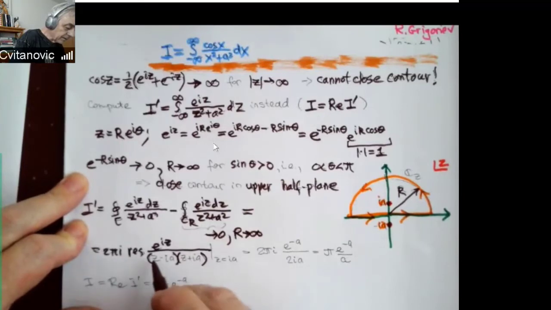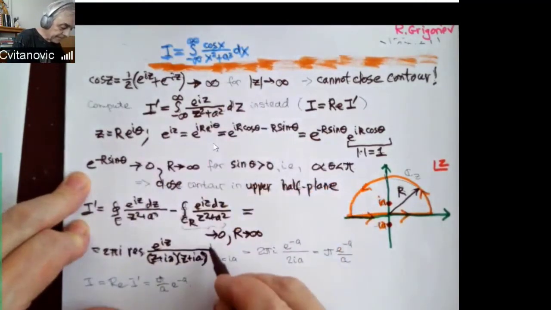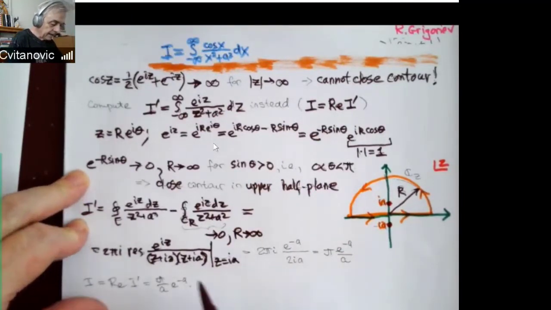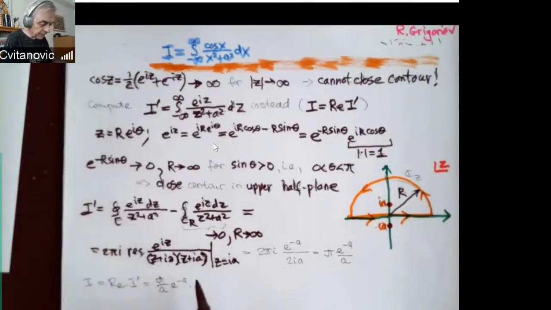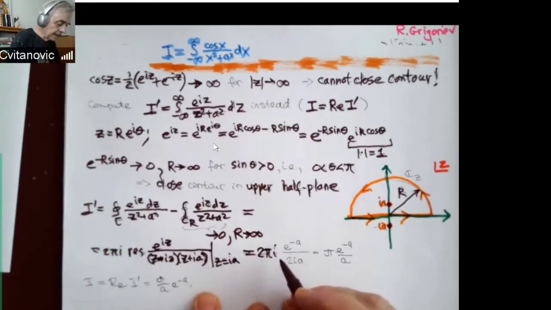So now the numerator can be easily factorized in the form of two poles, because that's a quadratic polynomial. We evaluate the residue at the upper pole, which means we have to cancel this pole, so this goes out.